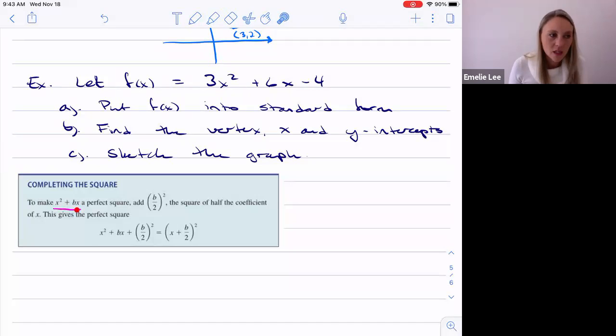What I have to do is pull out a common factor of 3 from my x squared and my x. Notice I don't care about the 4. It's going to go on the outside, and I'm going to focus my attention on the x squared and the x, because I need it in the form of x squared plus bx.